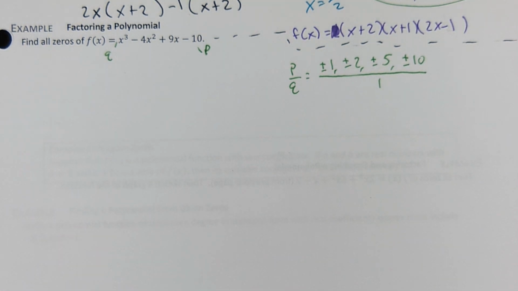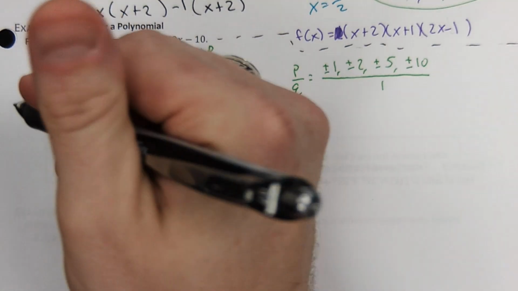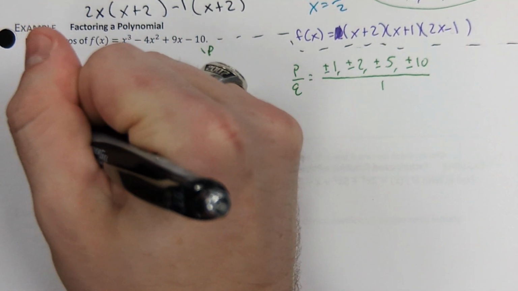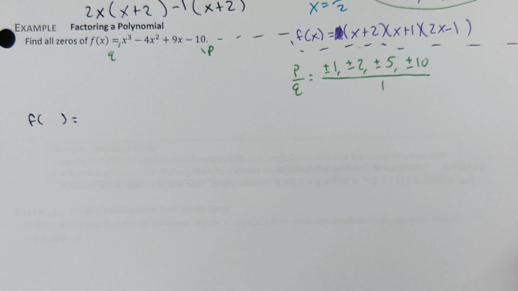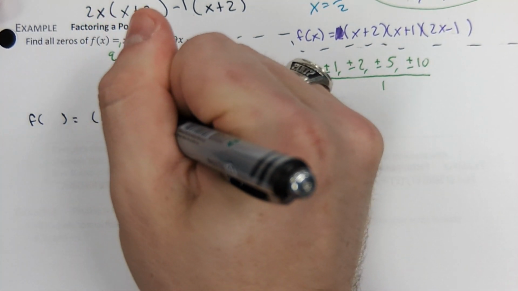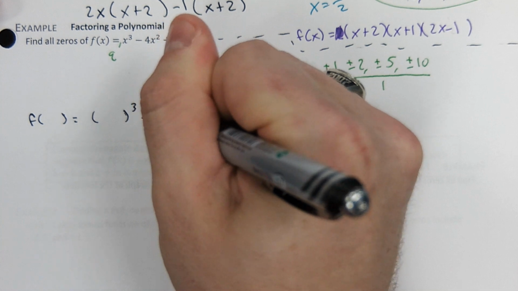Remainder theorem time. I always check x equals positive 1 first because it's the easiest number to check. And I always hope that positive 1 works. That doesn't mean it always does, but I always hope it does.